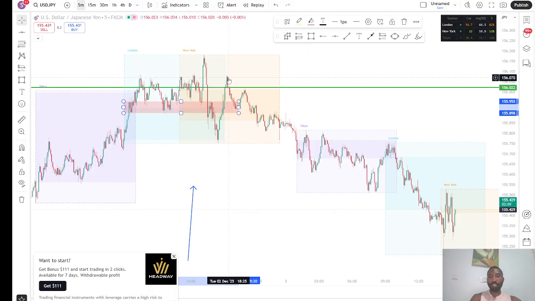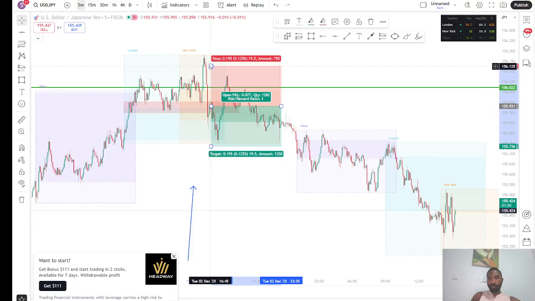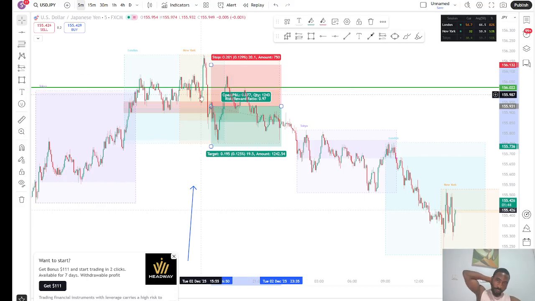It almost hit my stop loss, but it didn't. And if it had hit my stop loss, that would mean the trade is not valid anymore. So my stop loss was here. See, it almost got to the stop loss, but it didn't.